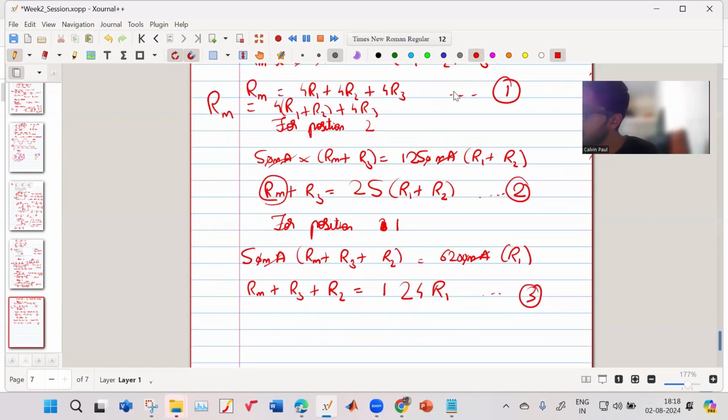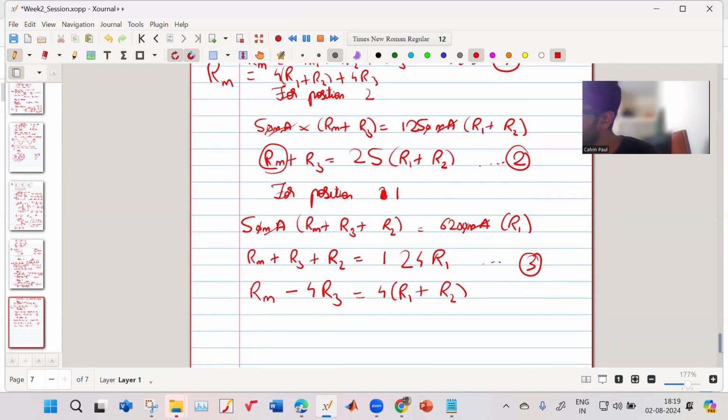So I write my Rm minus 4R3 is equal to 4 into R1 plus R2. So now my R1 plus R2 is equal to Rm minus 4R3 divided by 4.